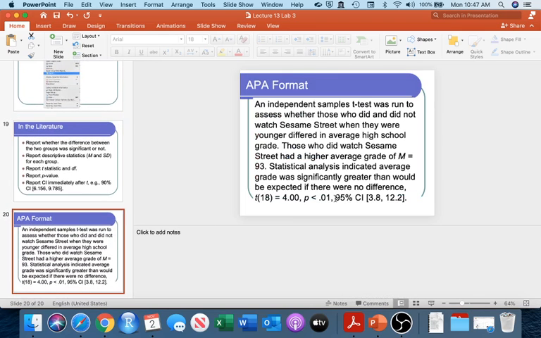this is an example of how you would write up your t-statistics. So what I'm looking for is that you mention what the mean is, right? And any other descriptive statistics.